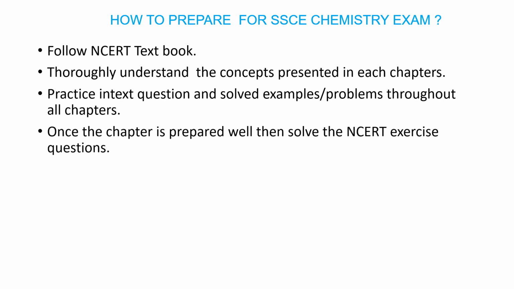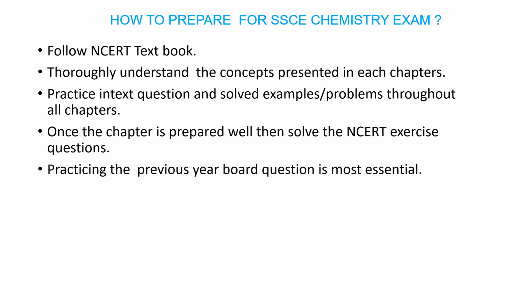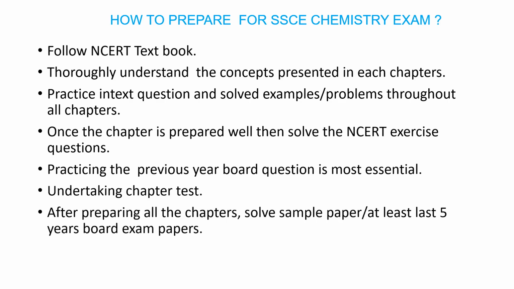Once the chapter is prepared well, then solve the NCERT exercise questions, book back questions. Practicing the previous year board questions is most essential. Undertake chapter tests, and after preparing all the concepts and chapters, solve sample papers, at least the last 5 years' board exam papers. More practice, more marks.